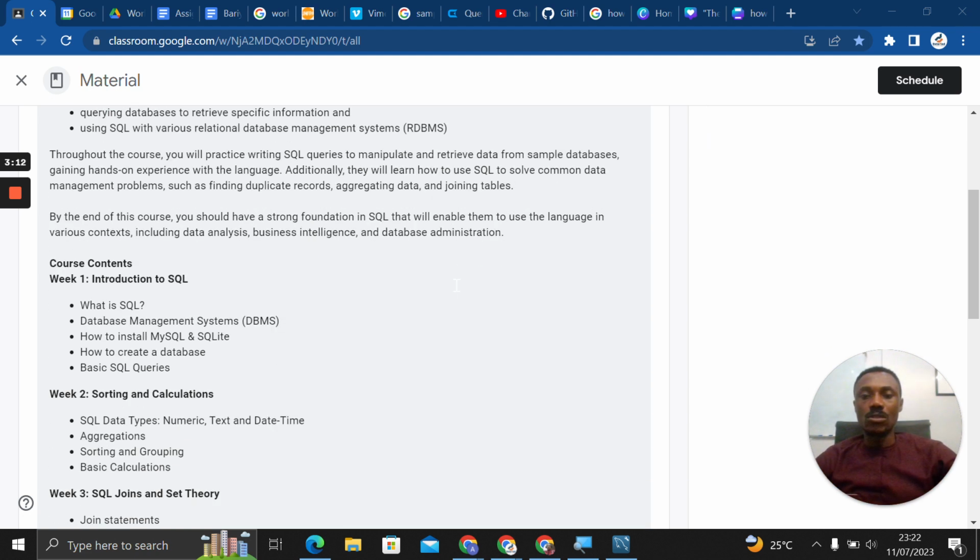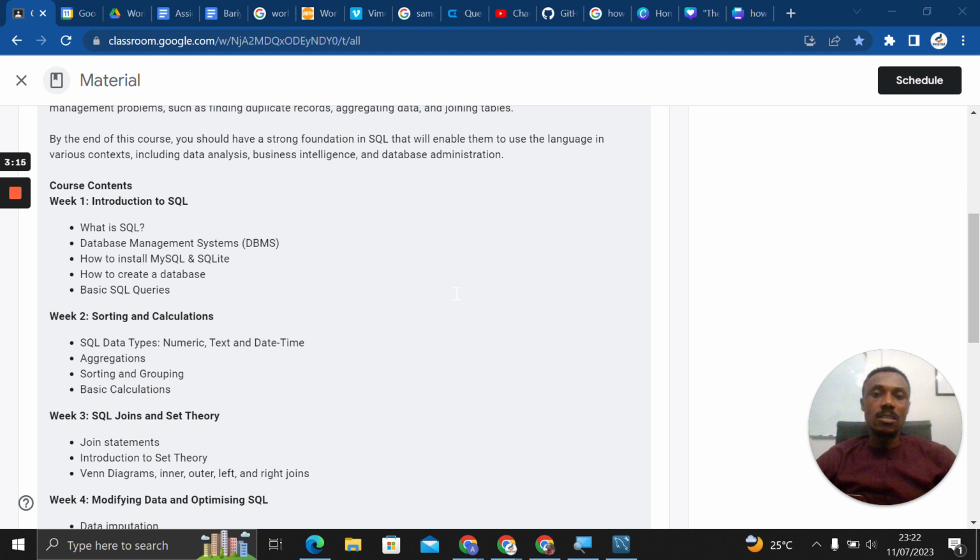By the end of the course, you should have a strong foundation in SQL, which will enable you to understand the language in various contexts, including data analysis, business intelligence, and database administration. These are the various topics that will be treated in the following weeks.